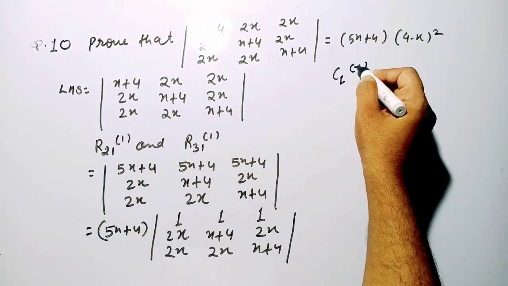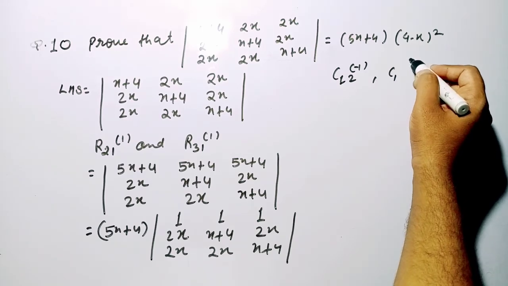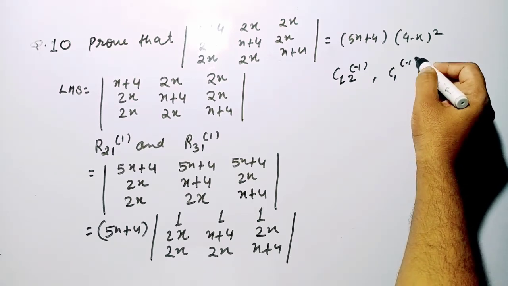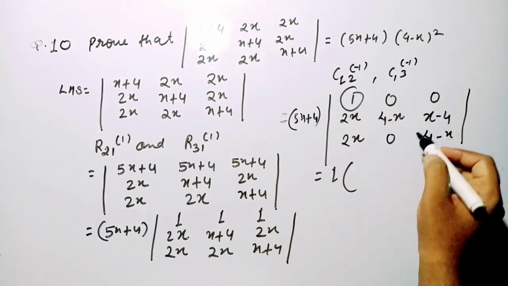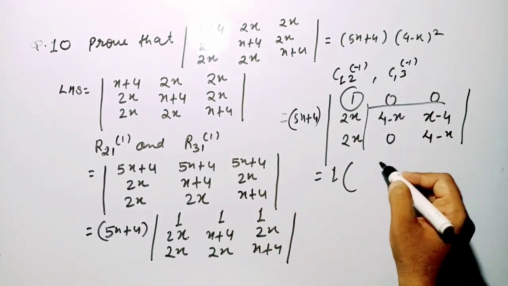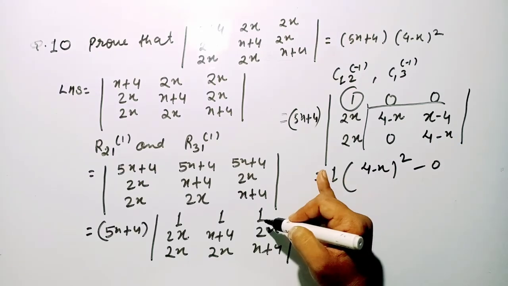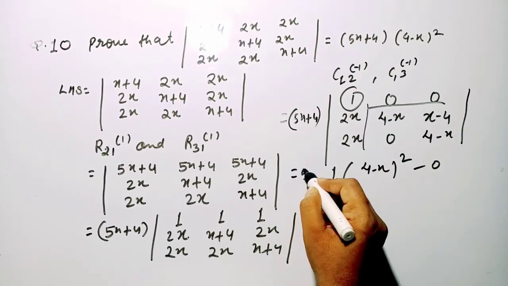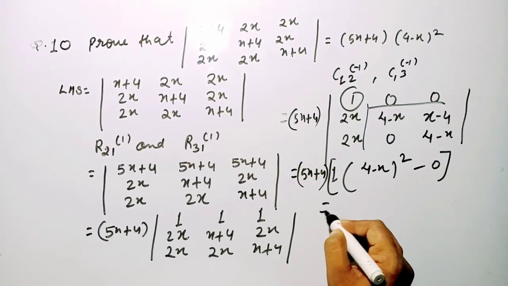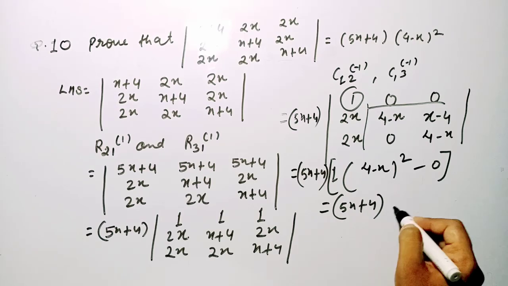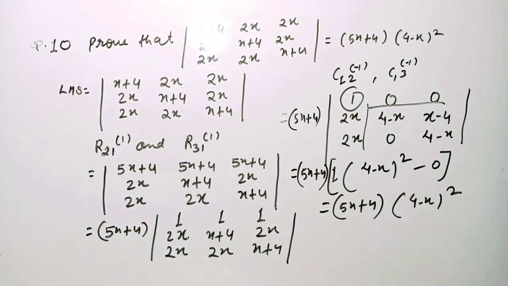Now performing C1 multiplied by minus 1 and added to C2, and C1 multiplied by minus 1 and added to C3, and expanding with 1, we get 5x plus 4 times (4 minus x) whole square minus 0. So it is (5x plus 4) into (4 minus x) whole square.